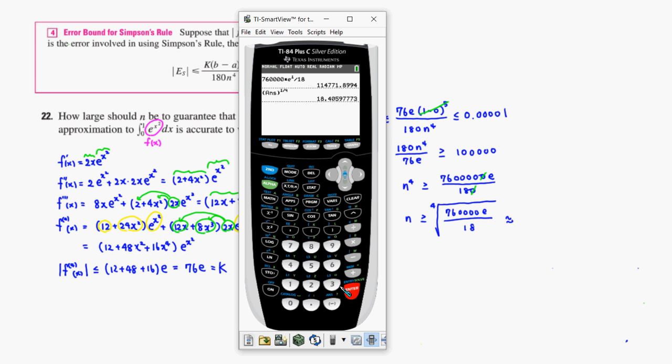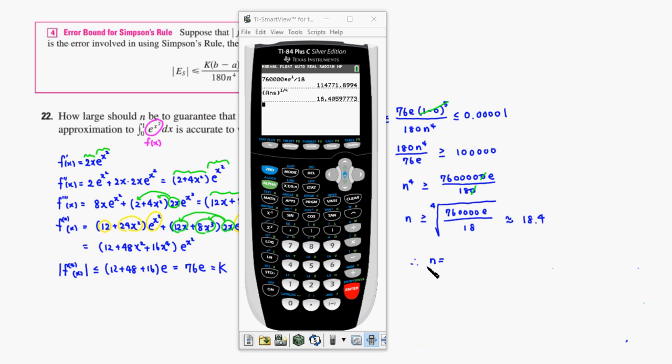So this came out to be 18.4. And it's tempting to say that we want n to be at least 19.